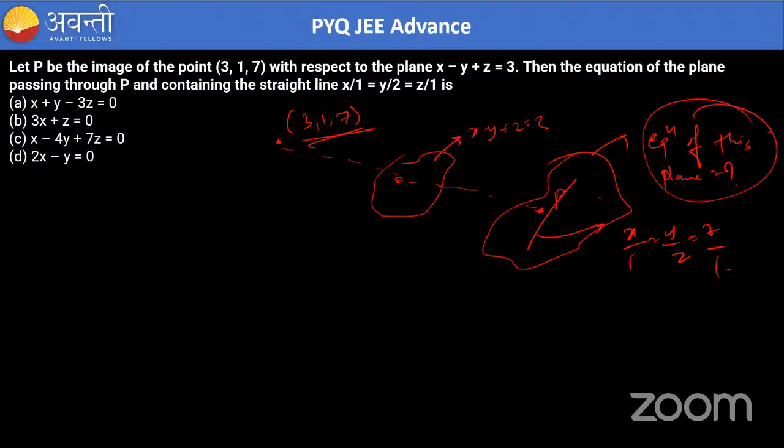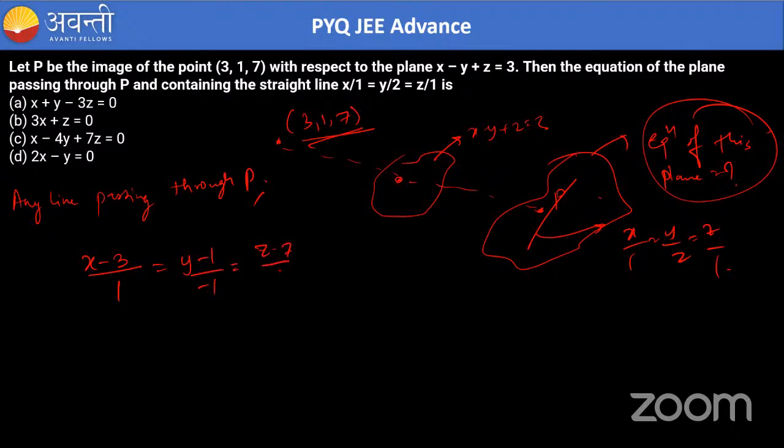We know now any line passing through the point (3, 1, 7) will be (x minus 3) upon 1 equals (y minus 1) upon minus 1 equals (z minus 7) upon 1.